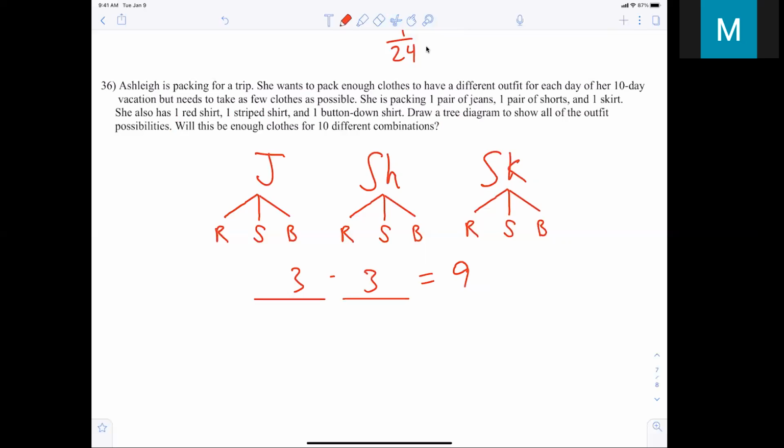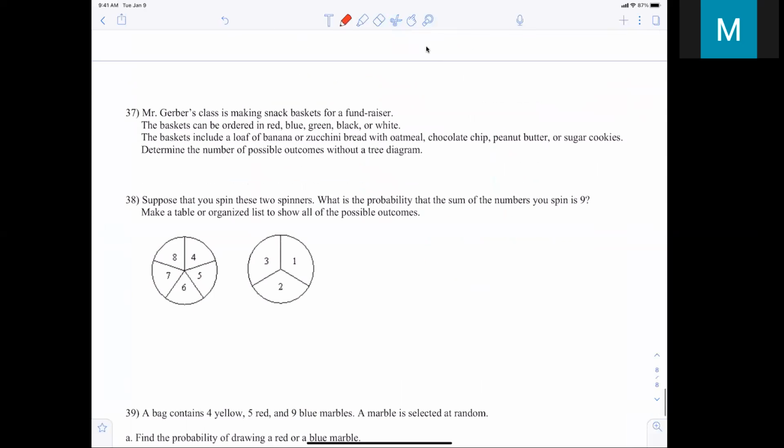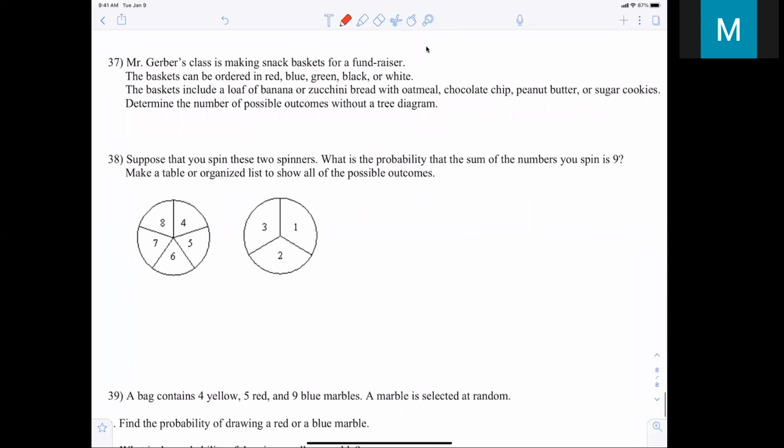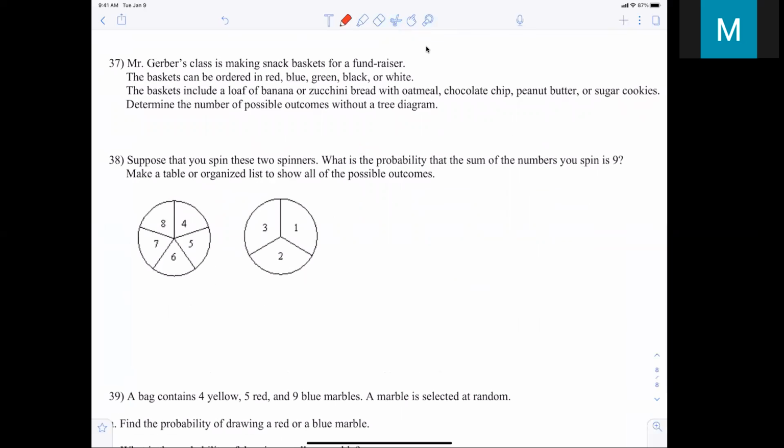All right, here we go. Eddie, you tell me about 37, please. Class is making snack baskets for 800. The baskets can be ordered in red, blue, green, black, and white. The basket is for delivery with red and green bread, with oatmeal chocolate chip, peanut butter, or sugar cookies.